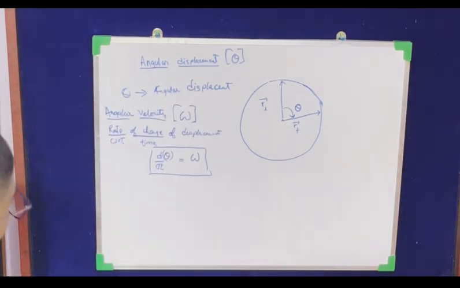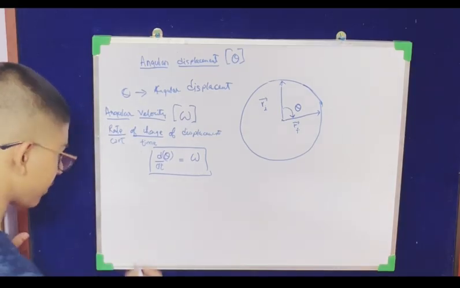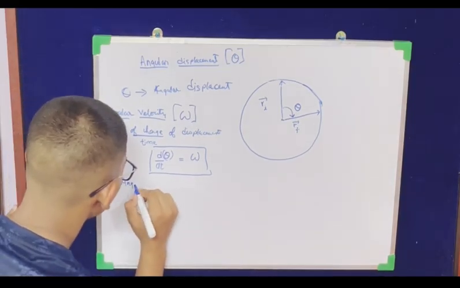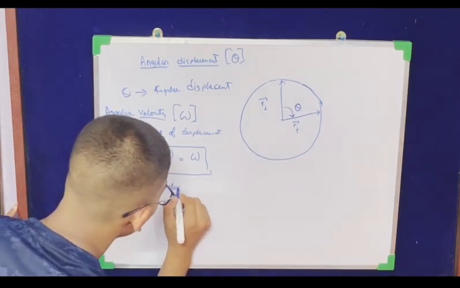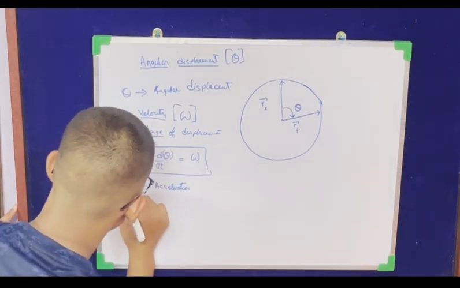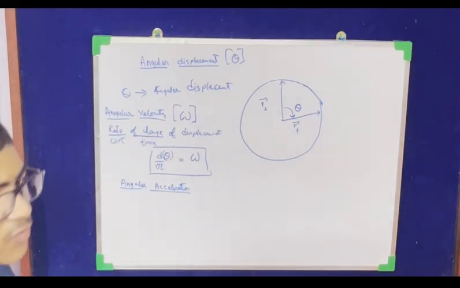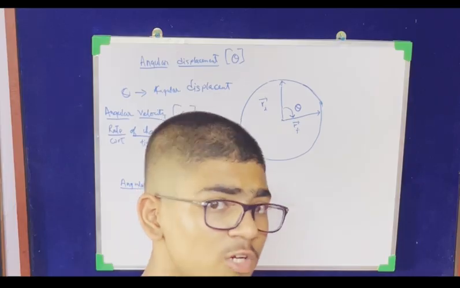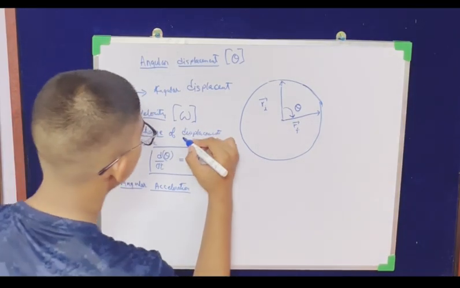Okay. Now the last term here, which is angular acceleration. So now you have an idea that the rate of change of omega, which is the rate of change of angular velocity, gives us angular acceleration.